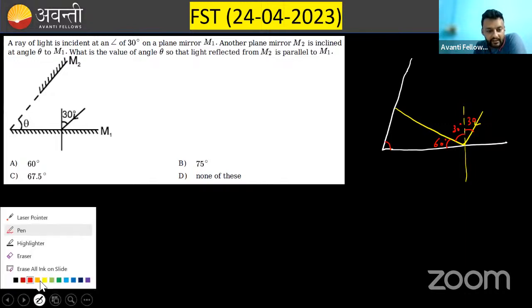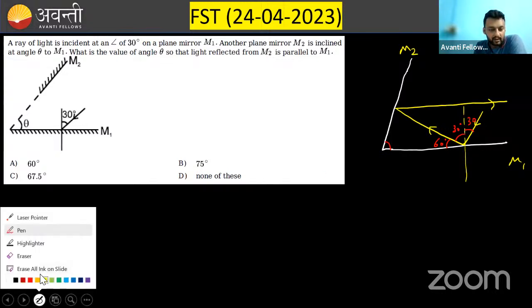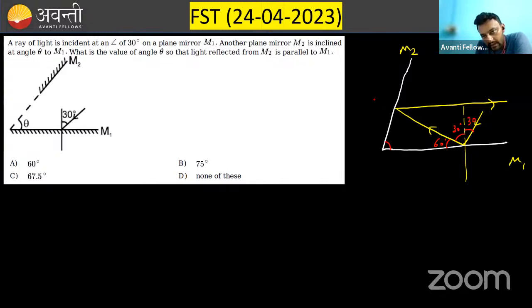Now they are saying after the reflection, light reflected from M2 is parallel to M1. Now this is M1, this is M2. They are saying that after reflecting, the light becomes parallel to the first mirror. This is the light. Now, what does it mean if I draw the normal here?